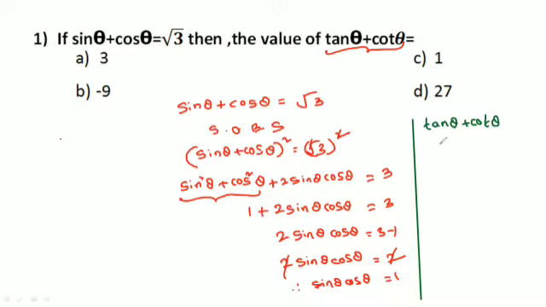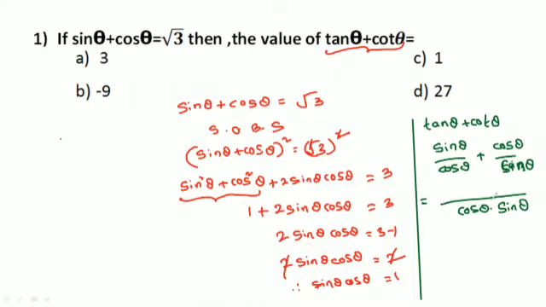So tan theta can be written as sine theta by cos theta. And cot theta can be written as cos theta by sine theta, as we know. Now, for the two fractions, we get the LCM as cos theta into sine theta.